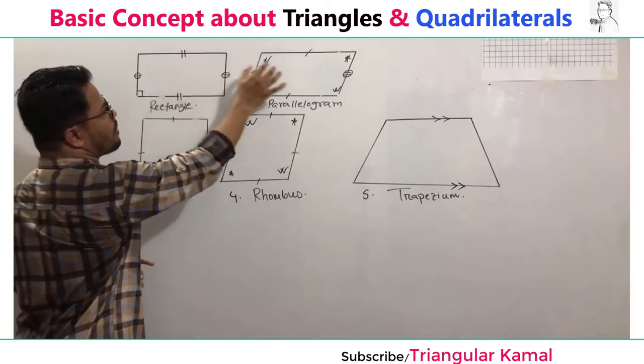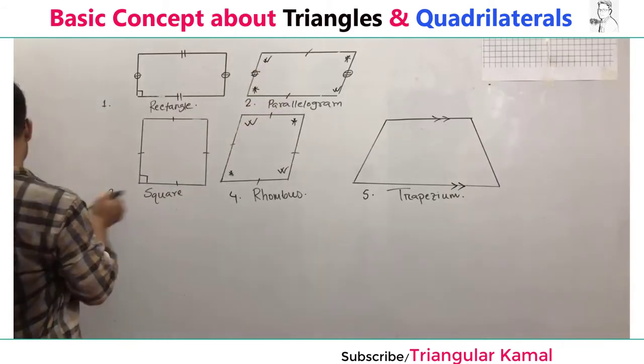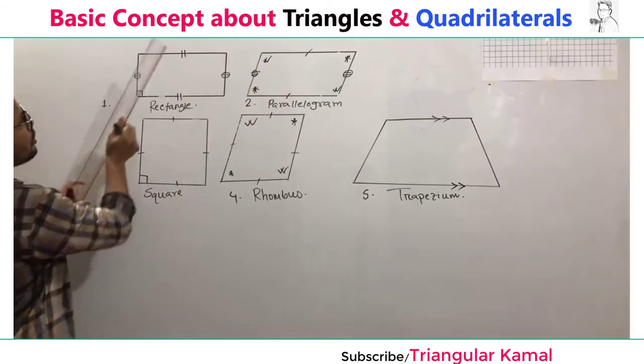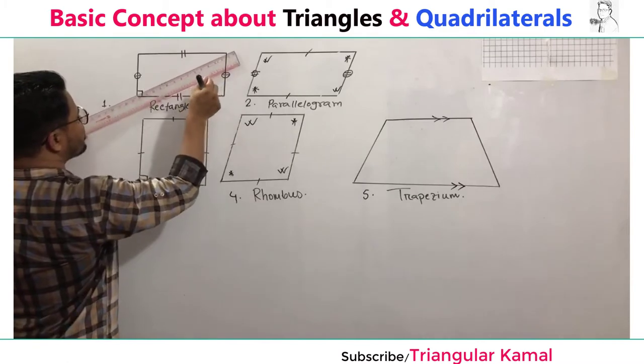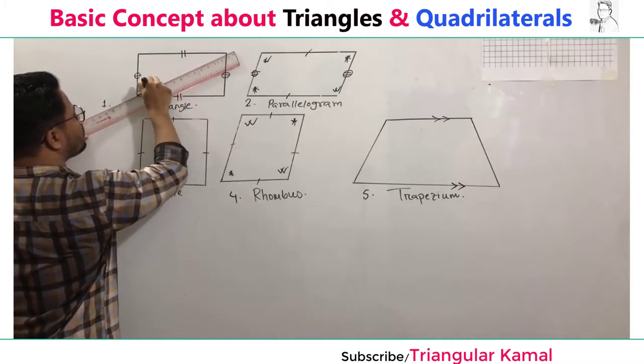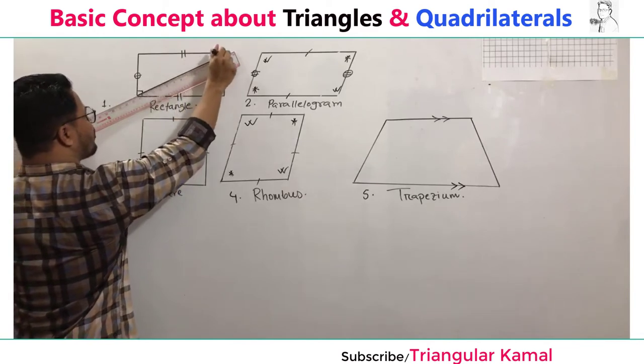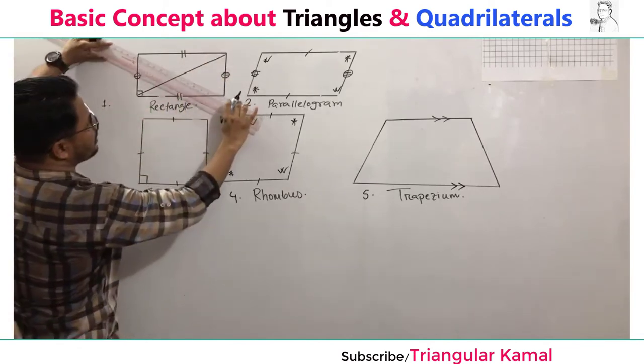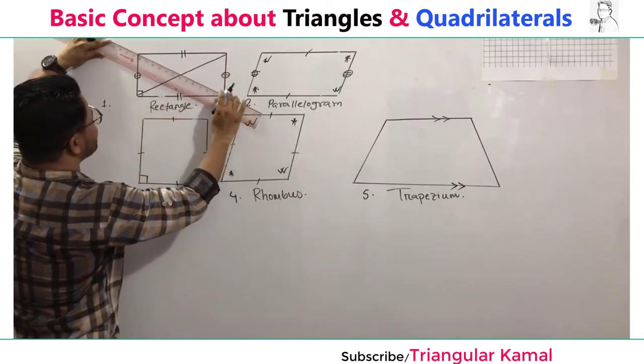But the difference between rectangle and parallelogram: here the diagonal. We all know the diagonal of a rectangle, like this one, from one corner to the top opposite corner is called the diagonal, and this one is also a diagonal.